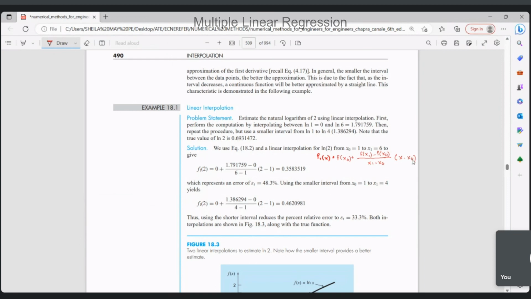So that's the equation. So finding f1(x), our main x here is 2, right?